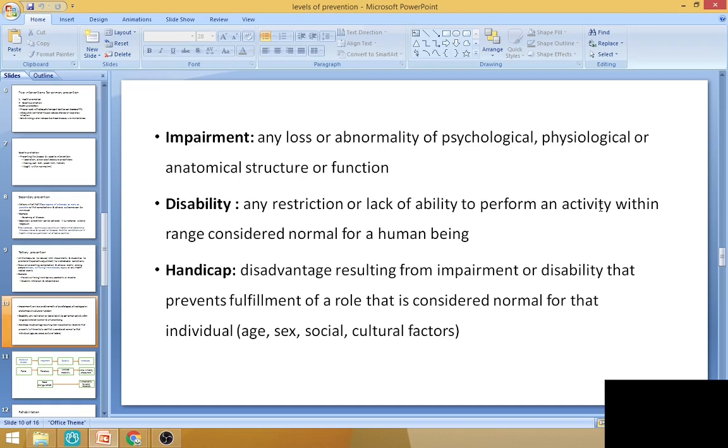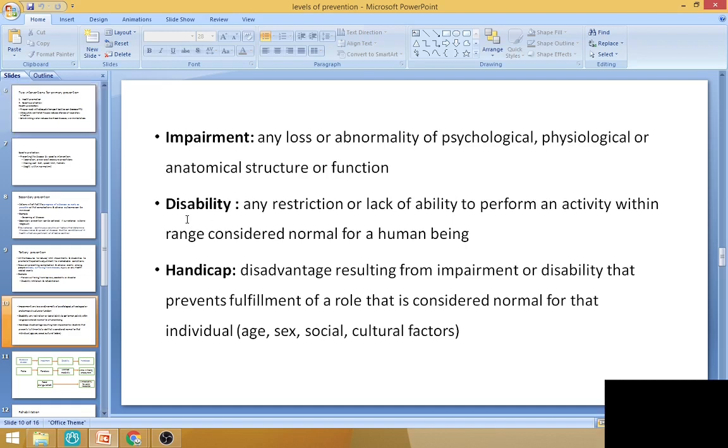I repeat again for all of you. Impairment means loss or abnormality of psychological, physiological, or anatomical structure. We call it impairment. Understood, 15? Yes, ma'am. Disability means restriction or lack of ability of performing an activity because of the impairment, because of the loss.